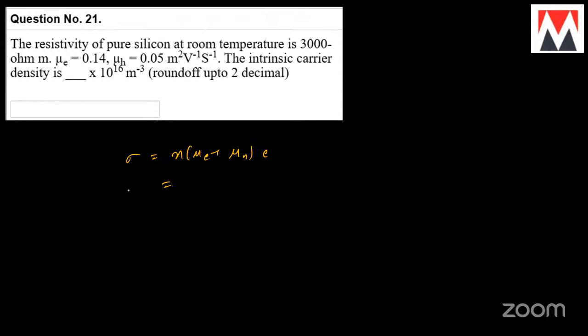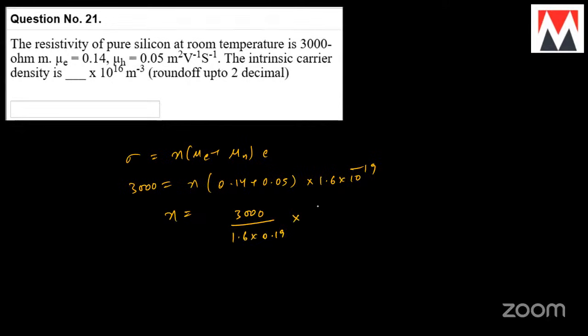Oh, he is asking the same thing. So it is 3000 equal to n, the one you need to calculate, into (0.14 plus 0.05) into 1.6 into 10 power minus 19. So you get n is equal to 3000 by 1.6 into 0.19 into 10 power 19.